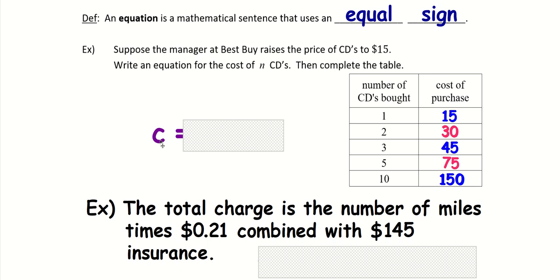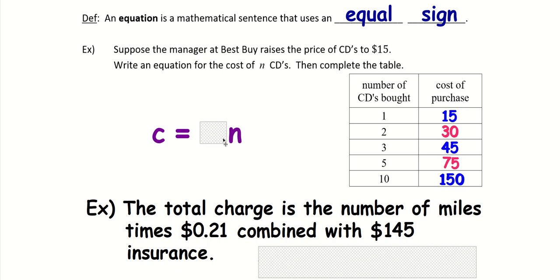So the cost of your purchase will equal what, if you're having n CDs? Treat n as a number. If n is the amount of CDs you're buying, then what's going to be the total cost of all the CDs, if there's n of them?